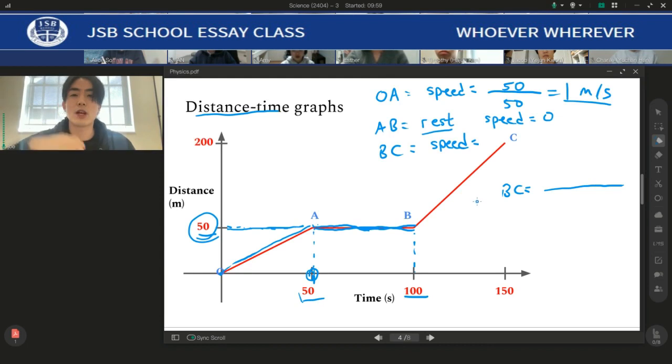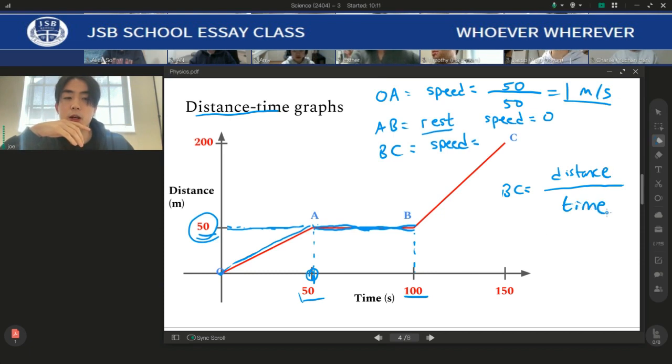So what do you guys think the distance is going to be? The distance divided by time. So what distance shall we use and what time shall we use? Distance is 150. Good. It's not 200, right? Because 200 is the whole distance.